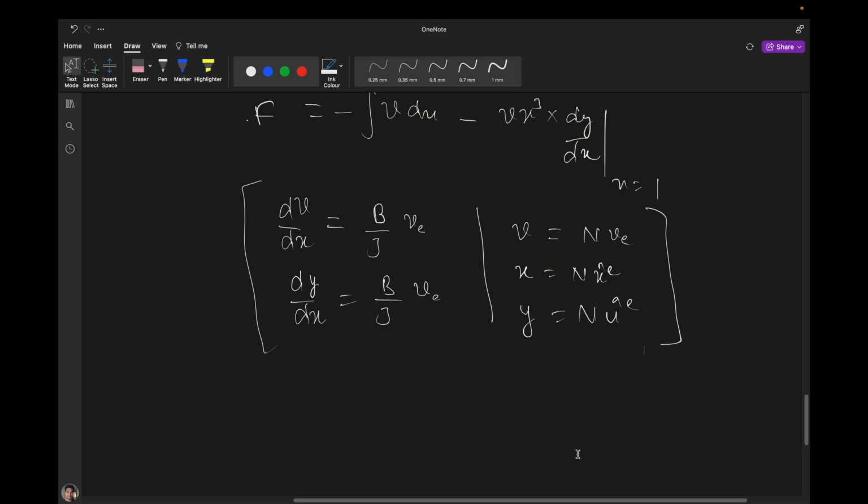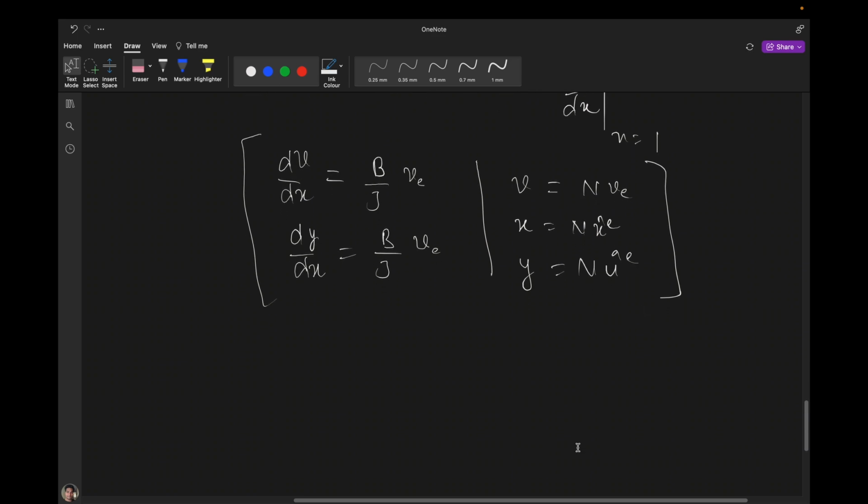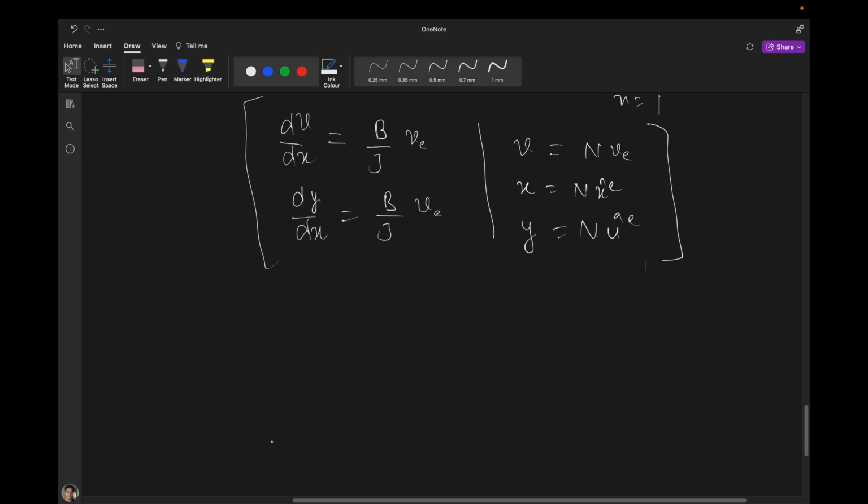So what will I do is, for only one element, what will I do? Y equal to n y hat, and here n I can write as n1 and n2.